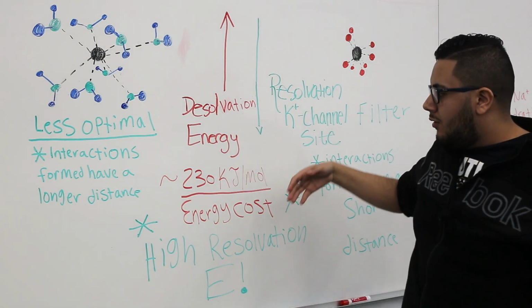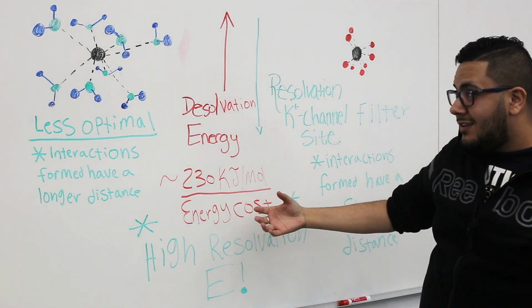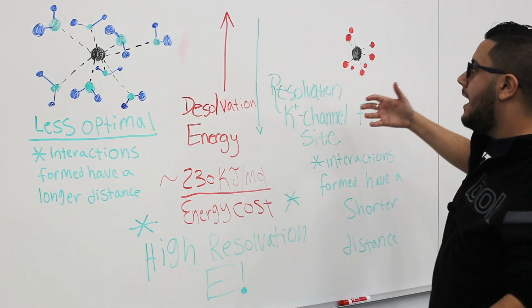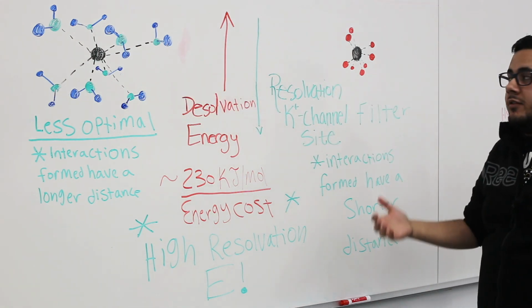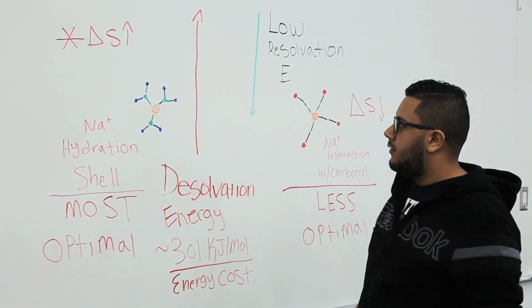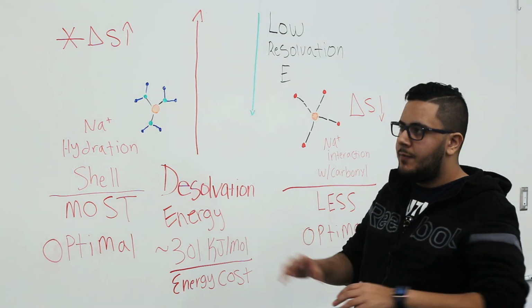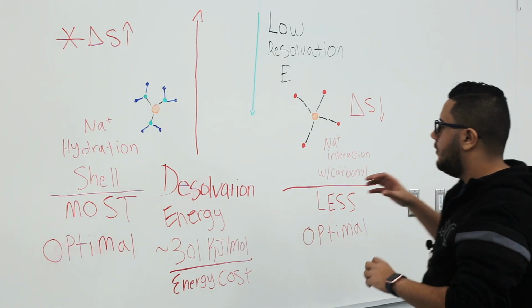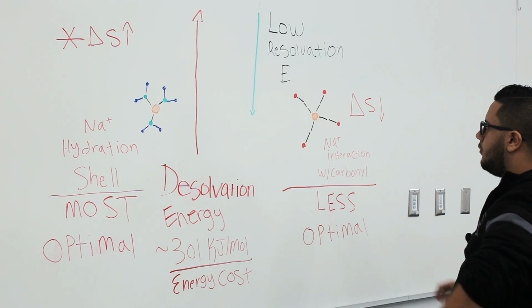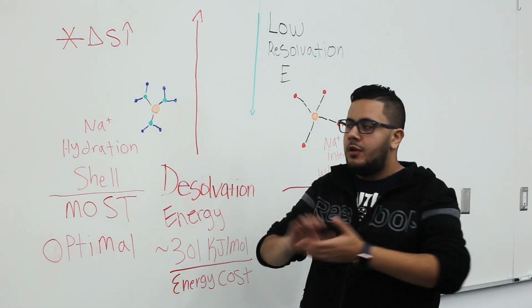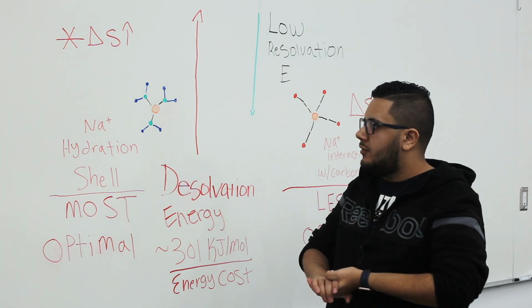So although it's energetically costly to break these interactions, we get this energy back when we reform the interactions with the carbonyl. So as we discussed, the potassium channel has a region for specificity. It has the 4 sites which are responsible for only allowing potassium to exit through the channel.